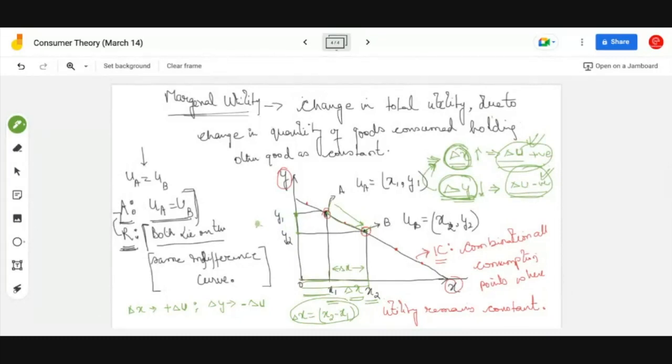Similarly, delta Y will be final points minus initial points. So y2 is this much and y1 is this much. Is y1 larger or y2 larger? Y1 is larger. So if we write y2 minus y1 and y1 is larger, that's why our delta y is negative. Is it clear? And in this case x2 is larger, that's why our delta x is positive. Clear? Okay.